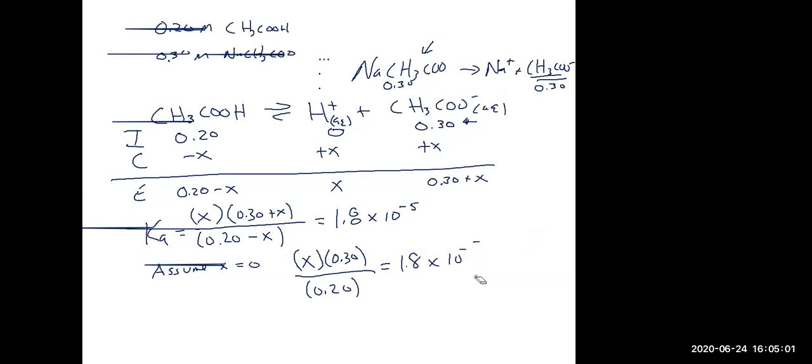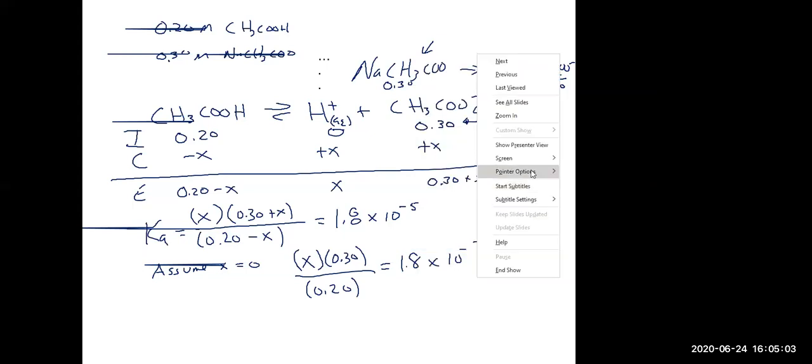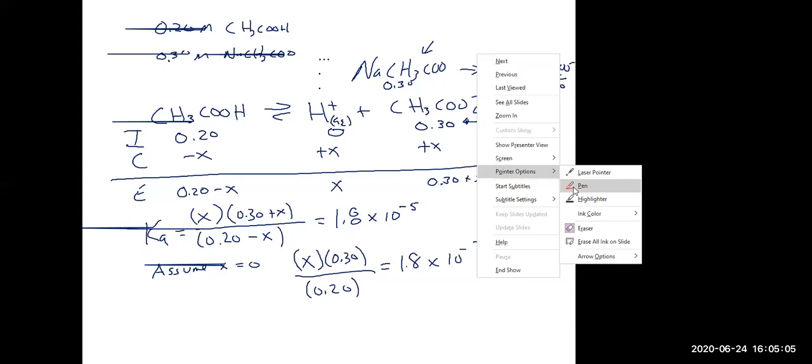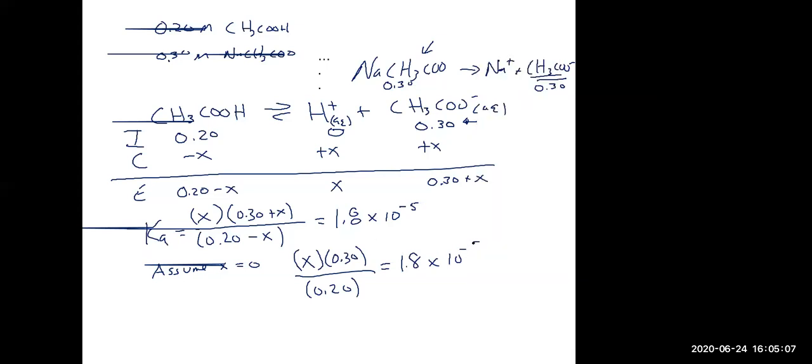So this was a 5. And if we do that, we will get 0.2 times 1.8 to the minus 5 divided by 0.3 gives us 1.2 to the minus 5.